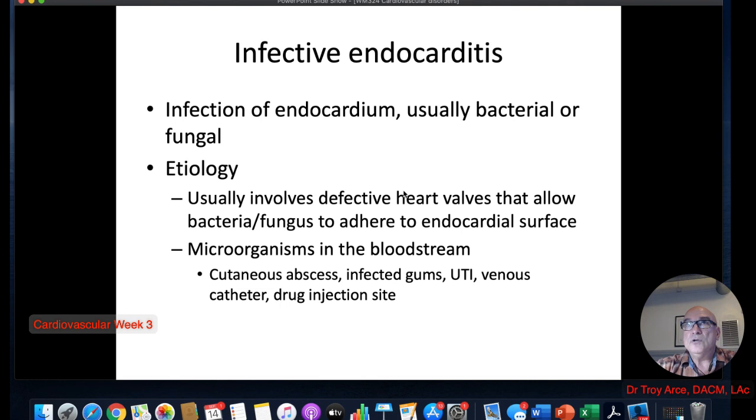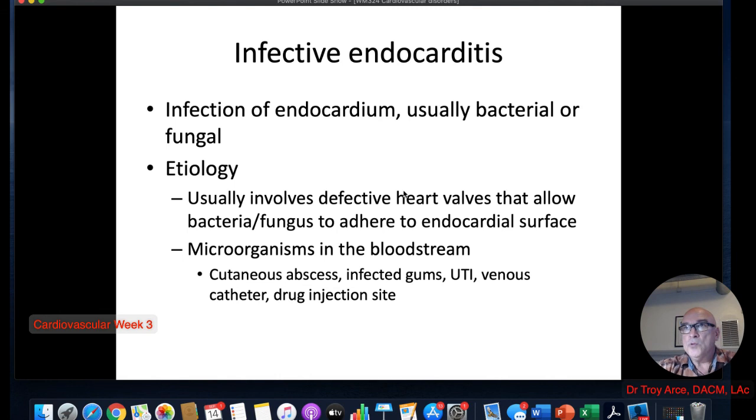Infective endocarditis is an infection of the endocardium, usually bacterial or fungal. How does it happen? Well, it usually involves defective heart valves that allow the bacteria or fungus to adhere to the endocardial surface. You may have microorganisms in the bloodstream, parasites even, right? And cutaneous abscess.